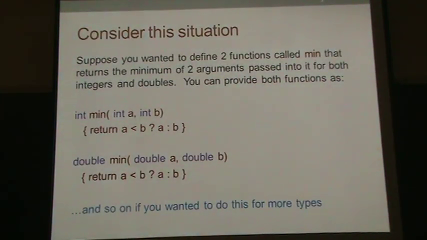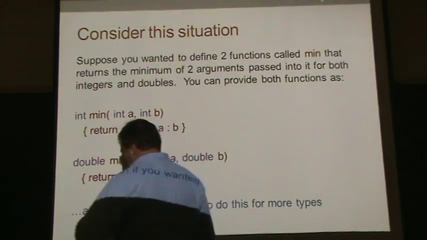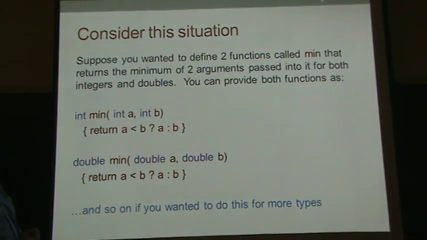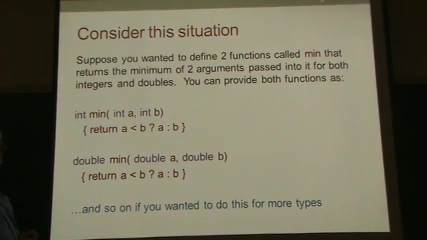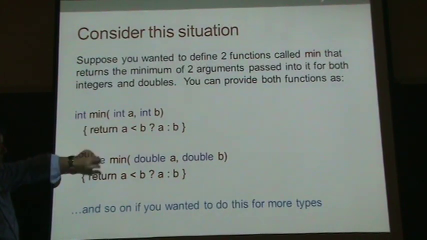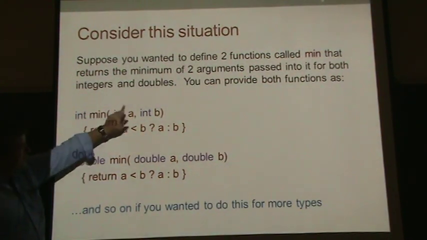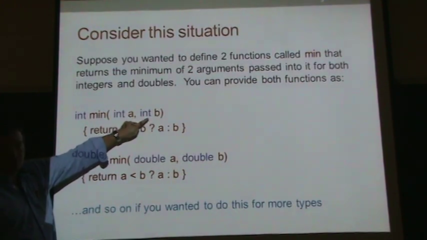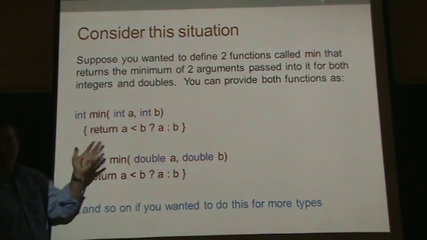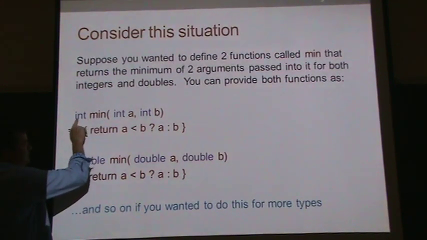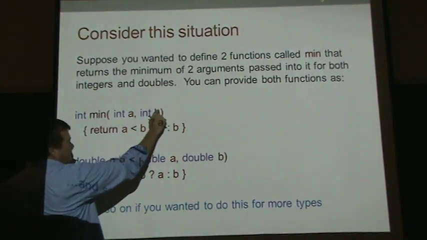Okay, so here's a little example. Suppose you found yourself in a situation where you wanted to write two functions, both with the same name, min. They take in two values. Let's say one version of your function takes in two integers and will return the smaller of the two integers. The name of the function is min, so it returns an integer and takes in two integers.